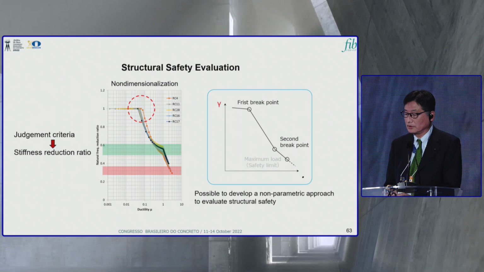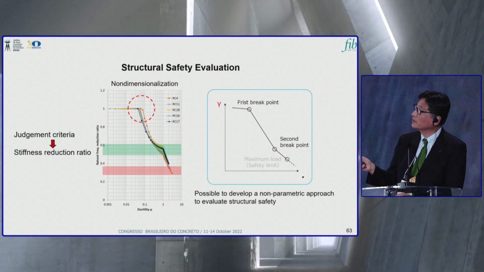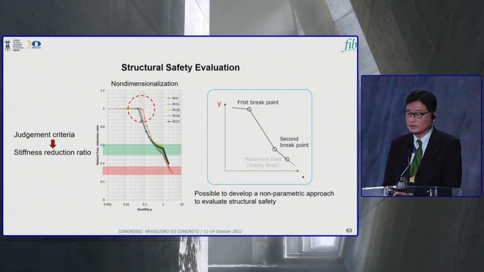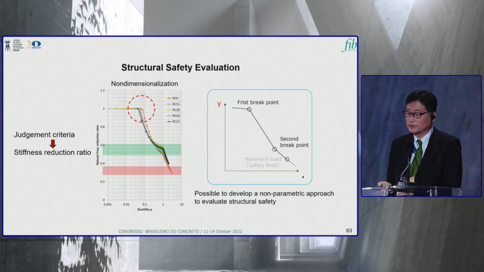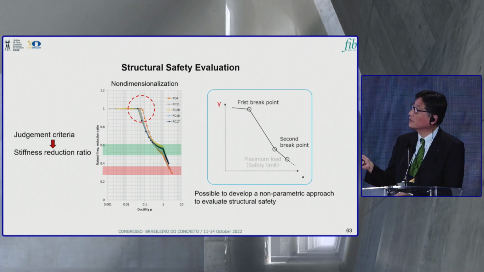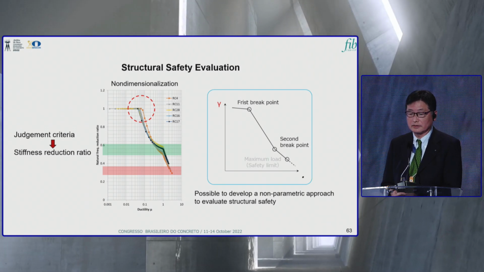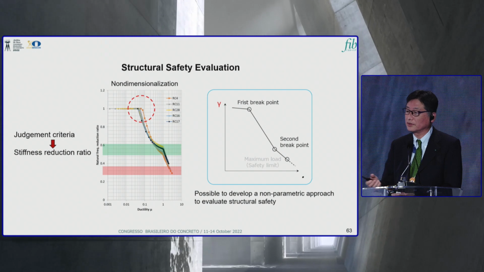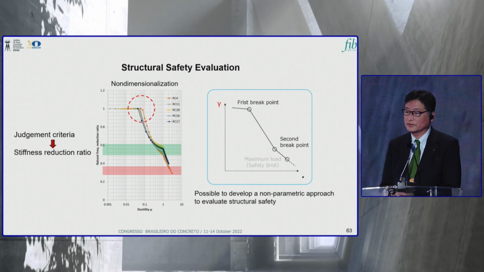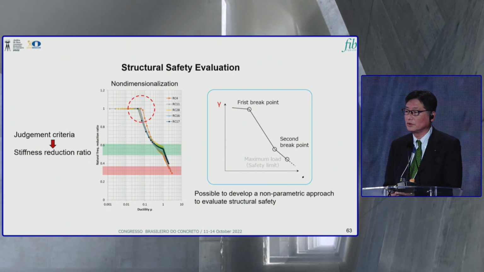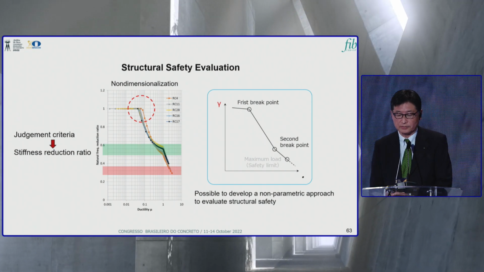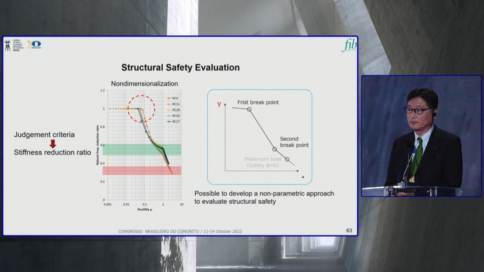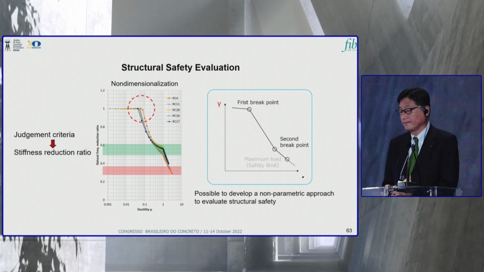And also, this point, the big difference between before the earthquake and after the earthquake, we detect this point and we announce to the owner this building can be used after earthquakes, or you need a more detailed inspection. This kind of information we needed for the business continuity program.